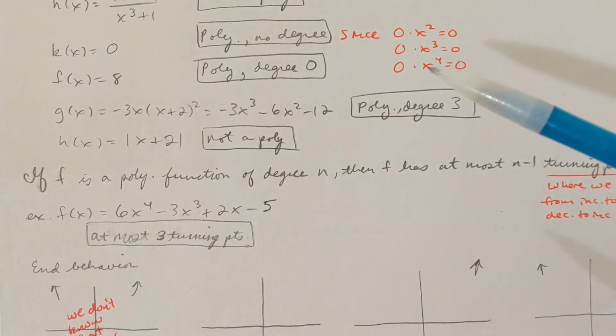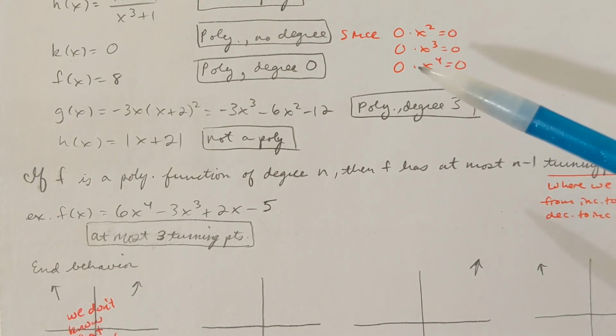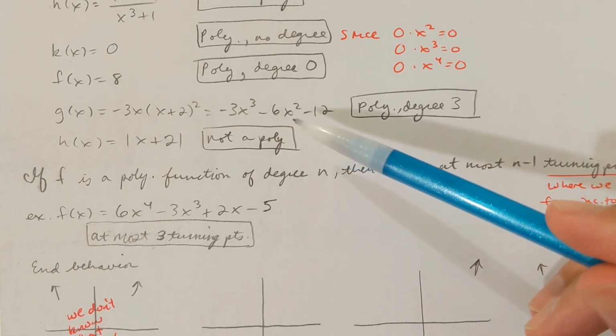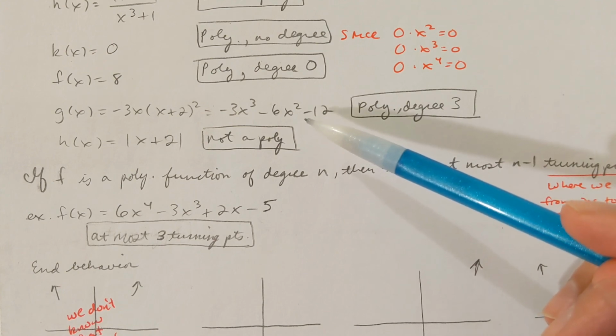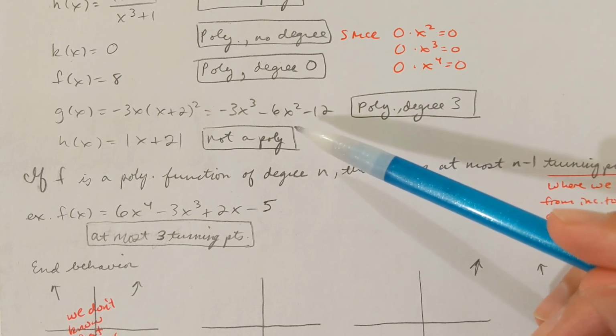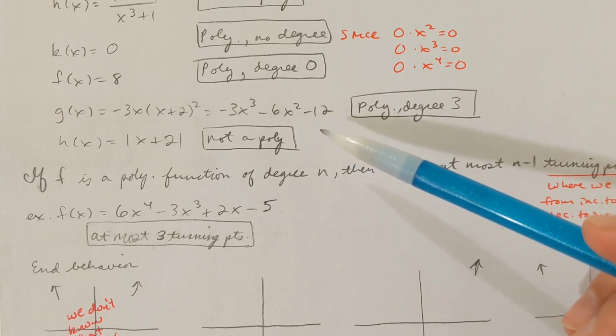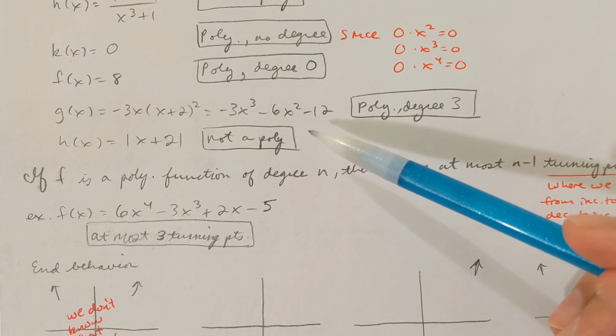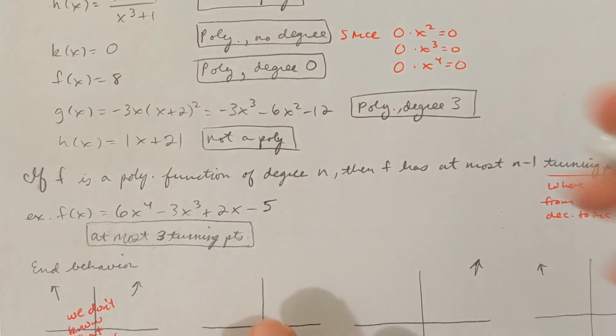Suppose that g of x is equal to negative 3x times the quantity x plus 2, squared. x plus 2 squared is the same as x squared plus 4x plus 4, times negative 3. Negative 3x times x squared is negative 3x cubed. 4x times negative 3x is negative 12x squared.